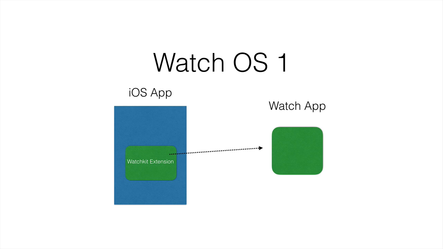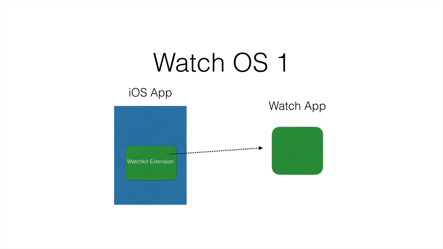And one of the problems with this is latency, of course. So the user is tapping on your Watch app, so your storyboard, your UI elements, and maybe interacting with some of the resources that you might have pushed out to the Watch app. Then that has to go back.